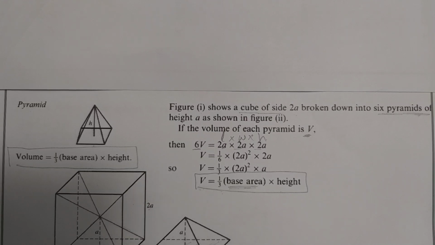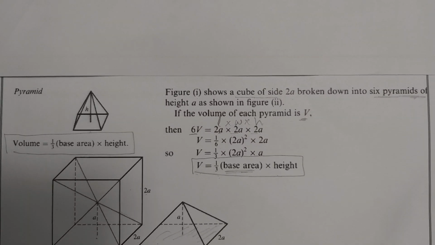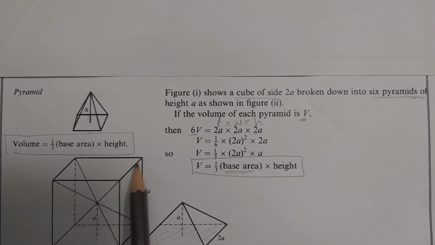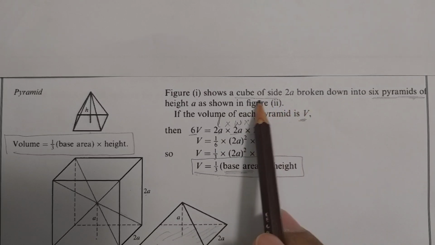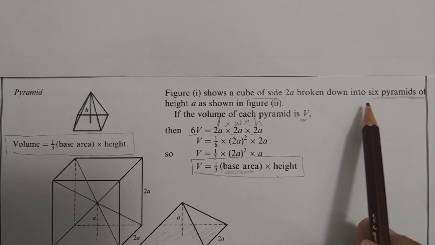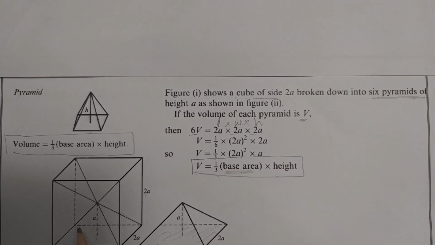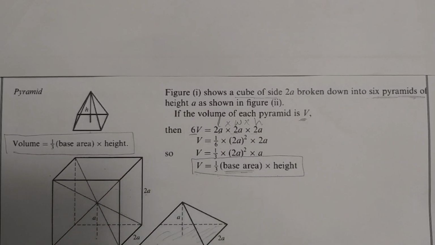In the cube all faces are squares, but in the cuboid all are rectangles. It's a combination of rectangular sides. So here we are given squares, and there are 6 squares, so we make 6 pyramids, because there are 6 sides: 1, 2, 3, 4, 5 and 6. One is the front and one is the back. So there are 6 sides of a cube because it's a 3D shape.